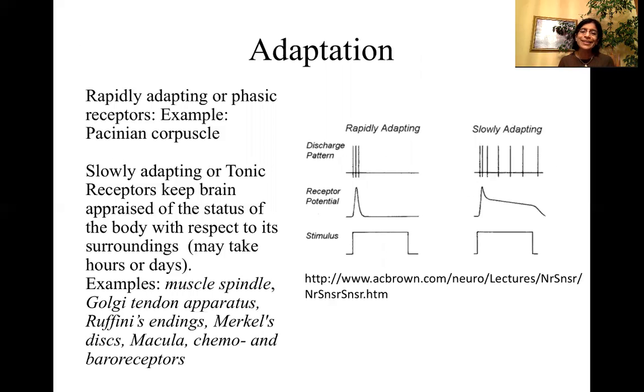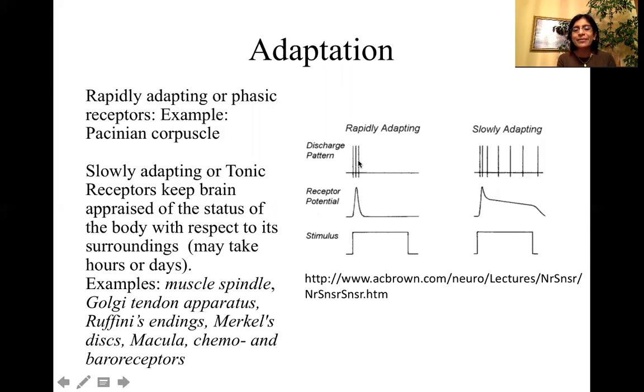Adaptation is shown here in detail. Note here, this is rapidly adapting or phasic receptors. So you're looking at the stimulus being maintained continuously, and what you see is a receptor potential which becomes an action potential.